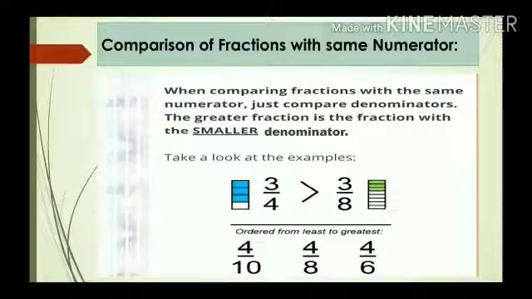Now, for ordering fractions with the same numerator, you have to compare the denominators; whose denominator is the greatest, that is the smallest fraction. Here, see 4 upon 10 has the greatest denominator, that's why it is the least fraction. After that, next is 4 upon 8 and then 4 upon 6, because 4 upon 6 has the smallest denominator, that's why it is the greatest fraction.